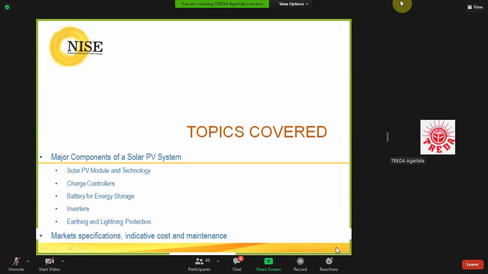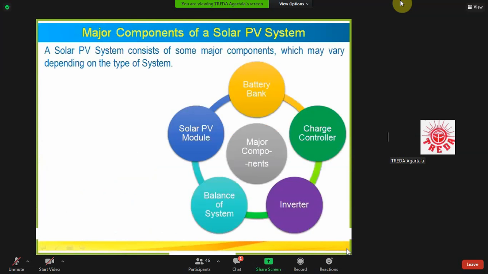So now the major components of the solar system. This is the SPV system. Now you see the major components are solar PV modules, then the battery bank, then the charge controller, the inverter, then balance of system.